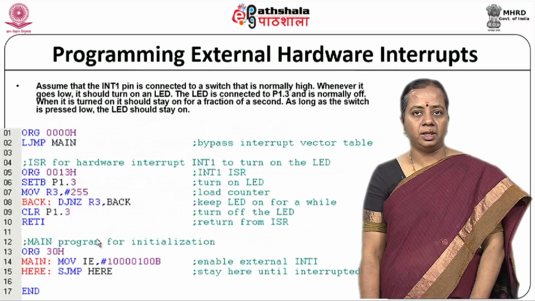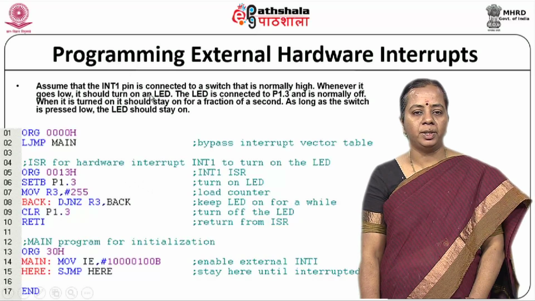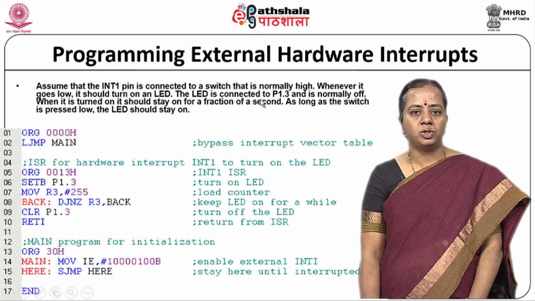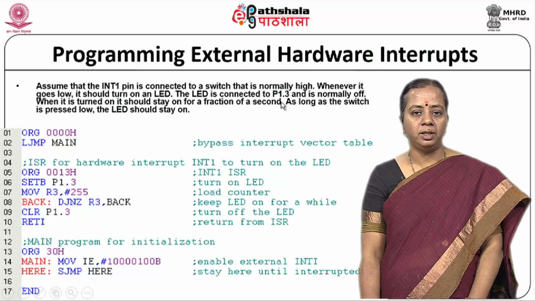This is an example code to utilize the external interrupt service routine to achieve a particular task. Assume that the interrupt 1 pin is connected to a switch which is normally high. Whenever it goes low, that means when I press the switch, it turns on an LED. There is an LED connected to pin 1.3 and it is normally off.